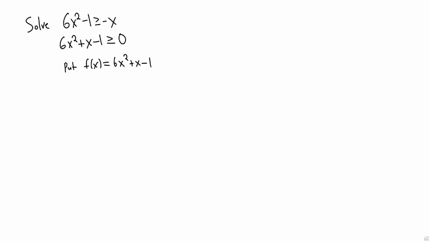So we are asked to solve the inequality f of x greater than or equal to 0. We can do this using the method we just discovered. In fact, we can use that method to solve all of these inequalities.